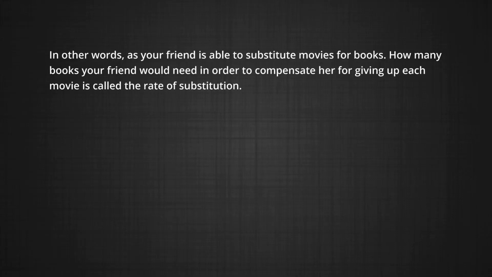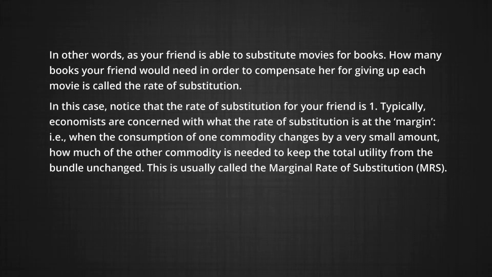How many books your friend would need in order to compensate her for giving up each movie is called the rate of substitution. In this case, the rate of substitution, notice, is 1 for your friend. Your friend is giving up 1 book for 1 movie.